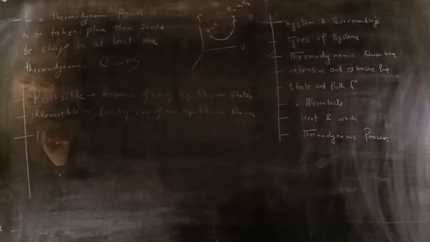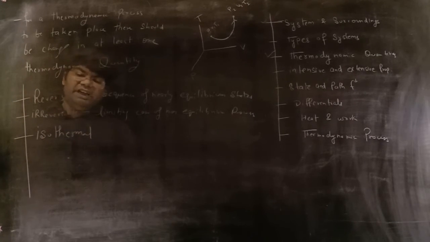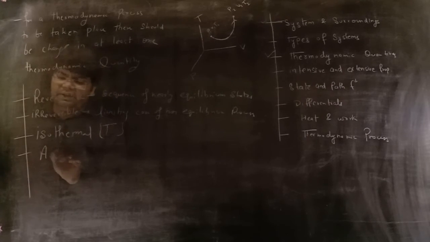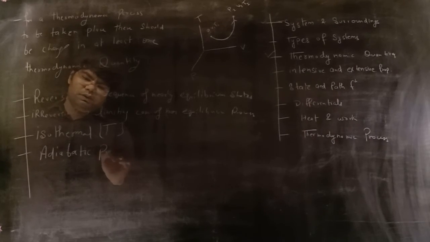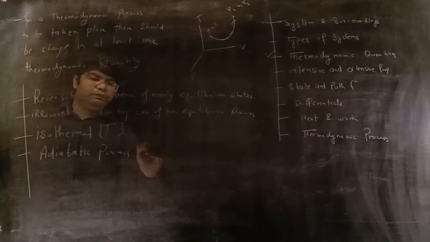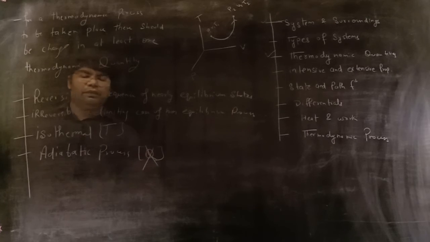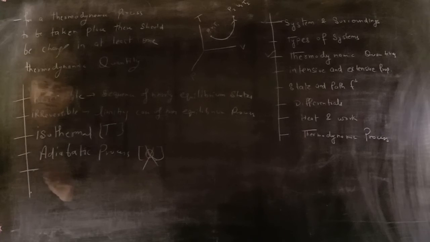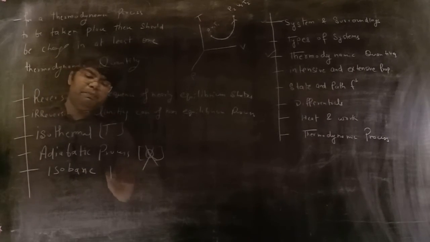Your isolated system, isothermal process. In an isothermal process, temperature is constant. Your adiabatic process: no exchange of heat between system and surroundings. Your isobaric: pressure constant.